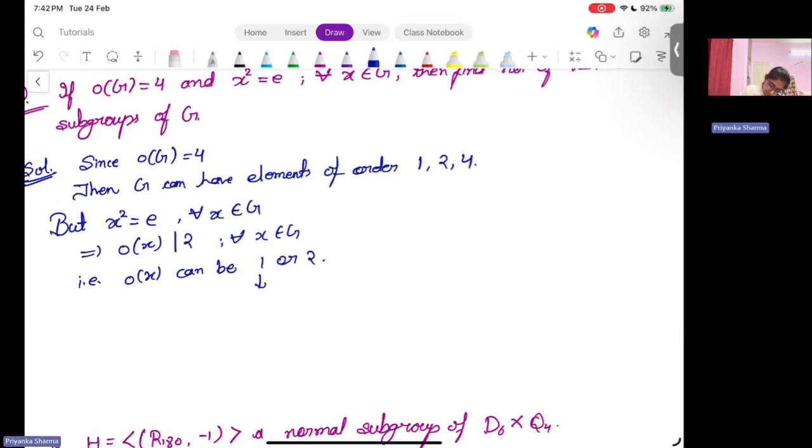Obviously, for 1 we will have the identity element, and for 2 we have the remaining 3 elements.